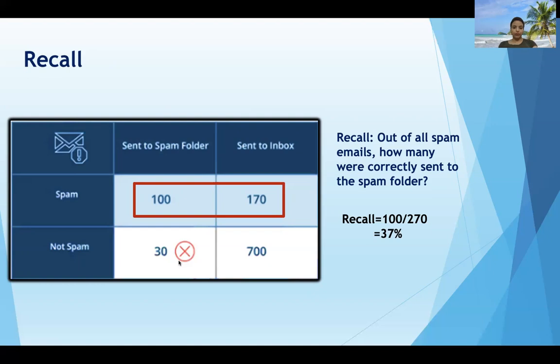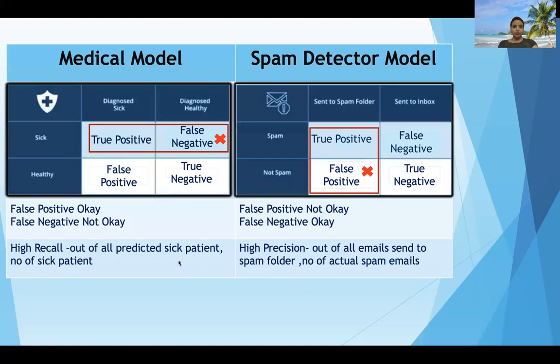To summarize, the precision and recall metrics are used to evaluate the model depending upon the scenario that we want to handle. In the medical model, to avoid the false negative case, we need to use the recall metric, for which we consider this row.